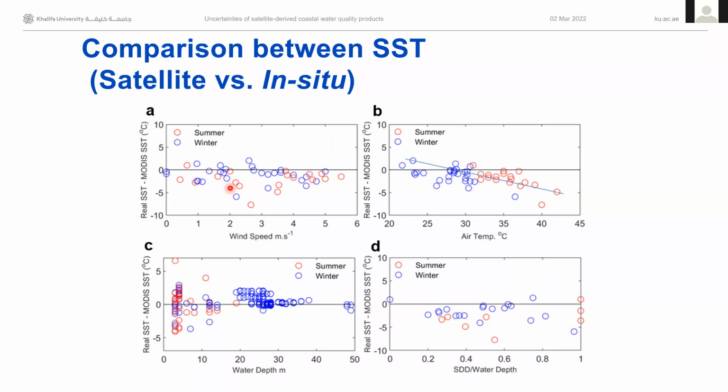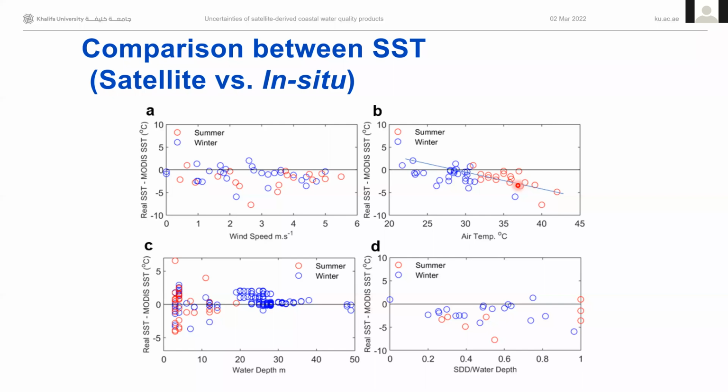Some of the higher wind speeds contain less bias, and some contain high bias. So wind speed could not be a direct effect causing this bias. However, if we compare the bias with the air temperature, we see that there is a kind of linear relation between the bias and the air temperature.